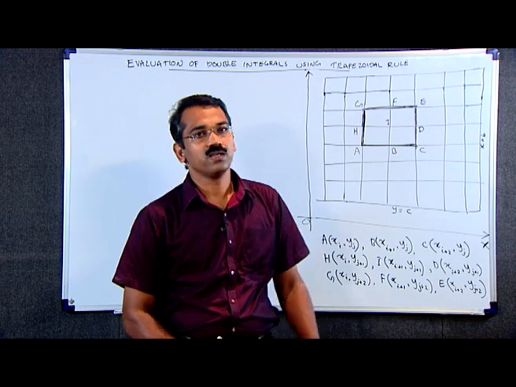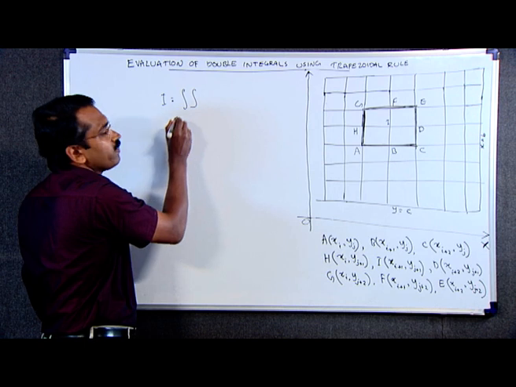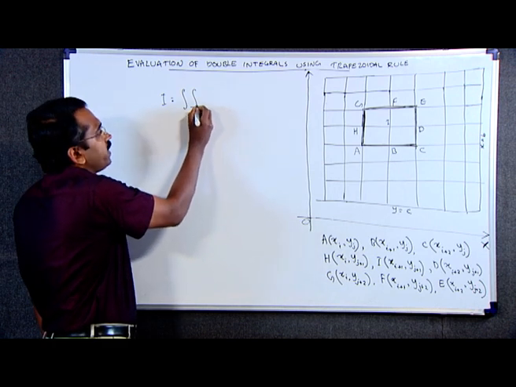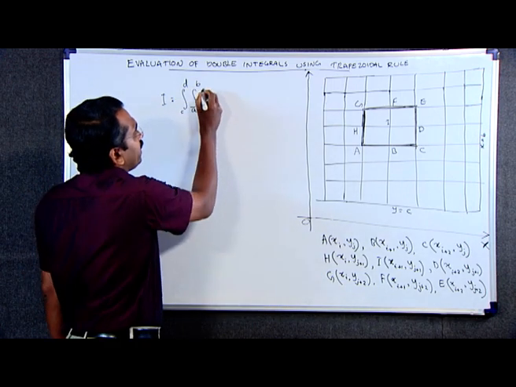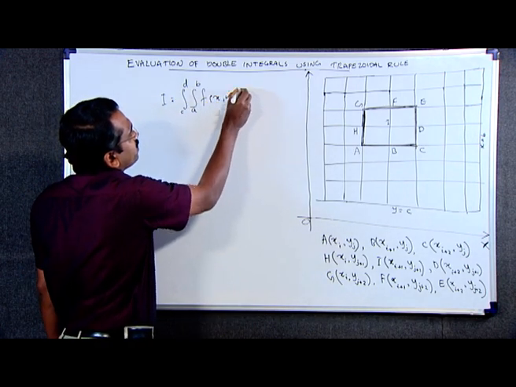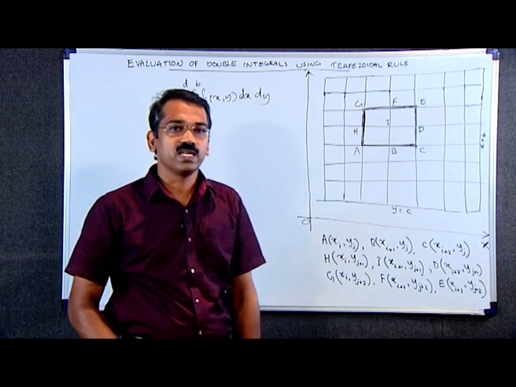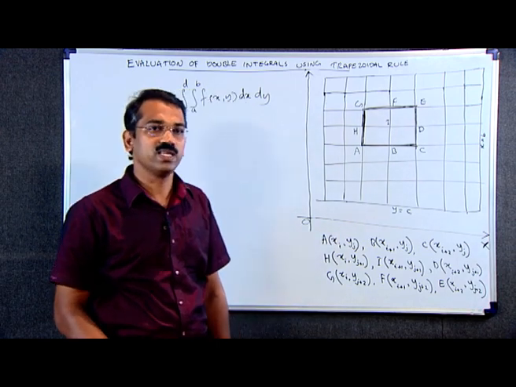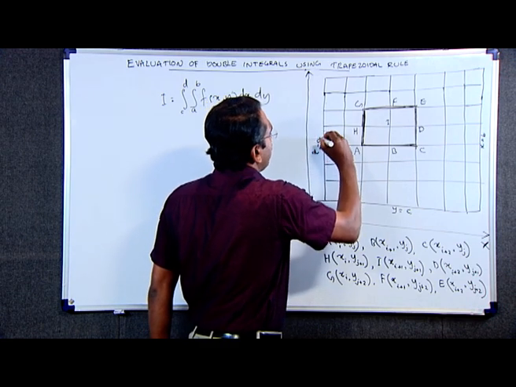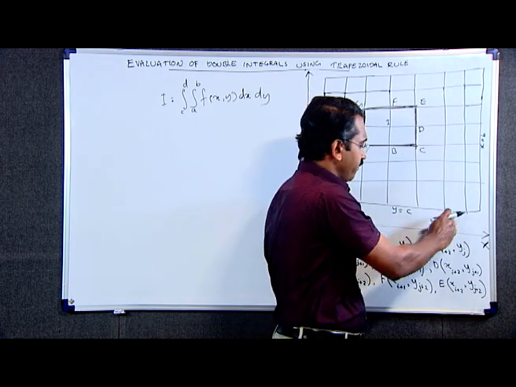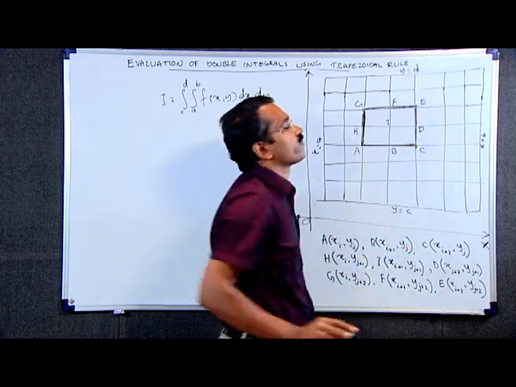Let us consider the double integral I equal to the double integral from a to b and c to d of f(x, y) dx dy, where the region of integration is the area bounded by the lines x equal to a, x equal to b, y equal to c and y equal to d.